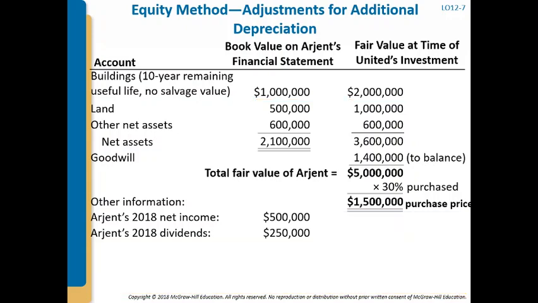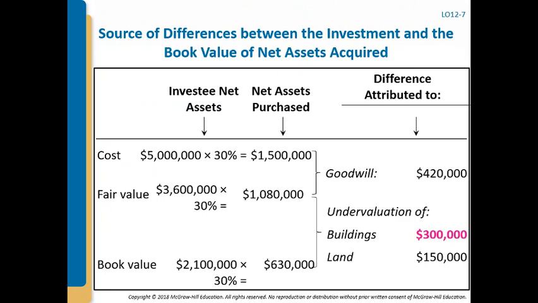And so his portion of the buildings is the difference between United's fair value purchased and the book value purchase, the 1,080,000 minus the 630,000.